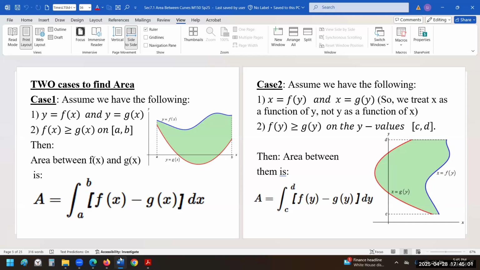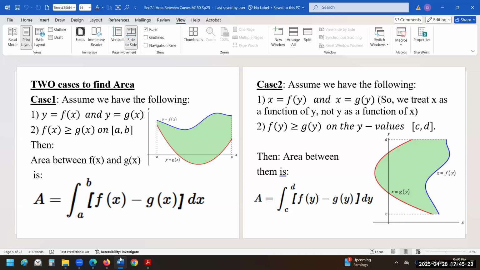Or you do the same thing: you take anything between two x values and you see your two y values and see which one gives you the bigger number. The bigger one will give you the bigger function. And if you have no idea what to do, just subtract one from another. If the area is negative, that means you have to change the sign into positive, because area cannot be negative.